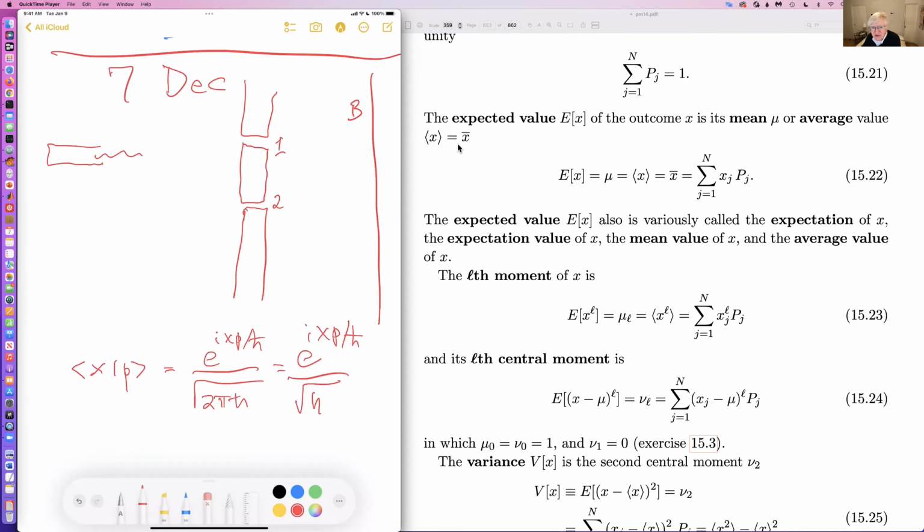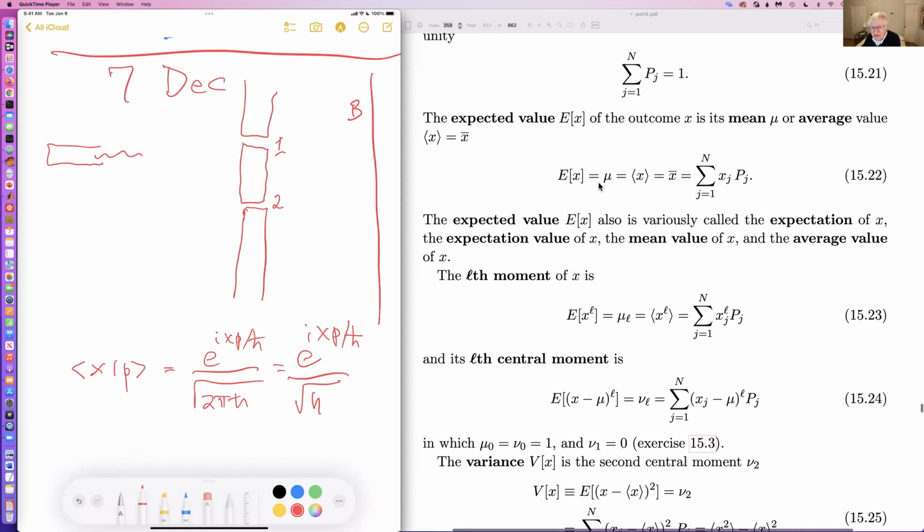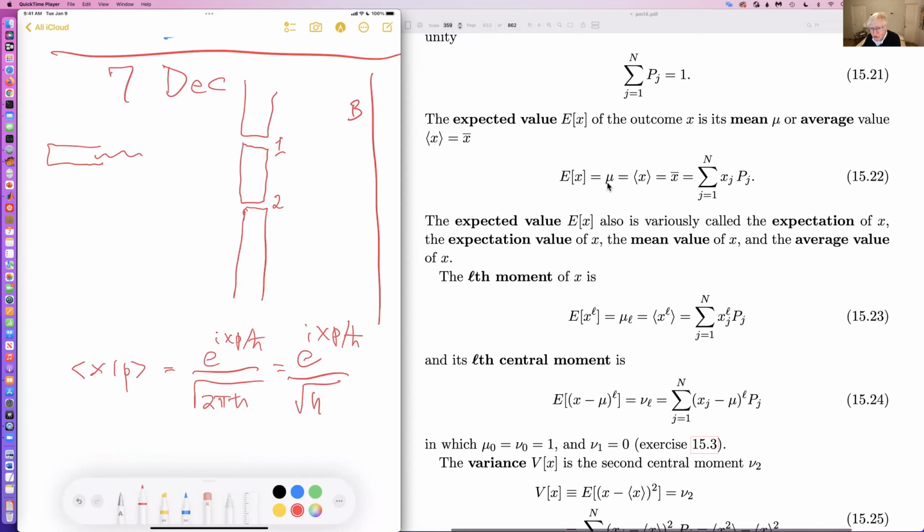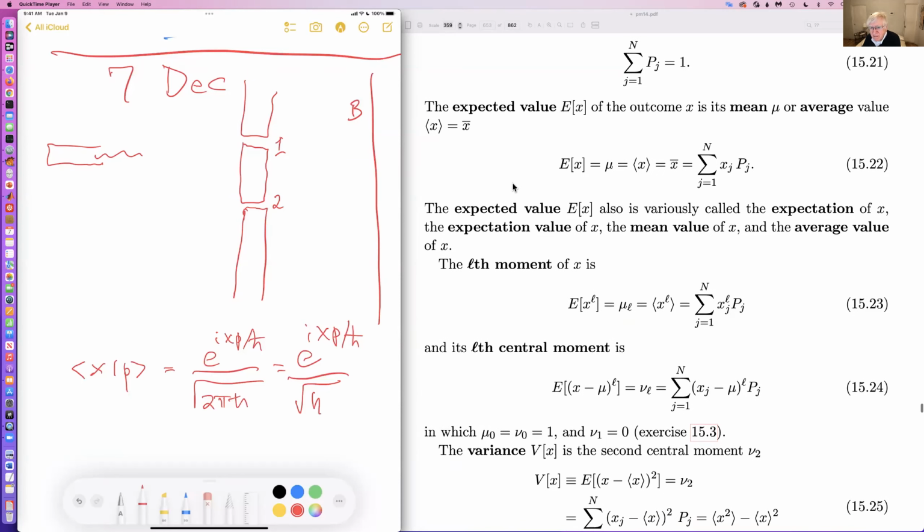So it's the average value, x bar. And it's literally the possible values of x times their probabilities.